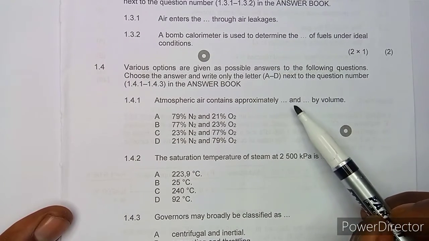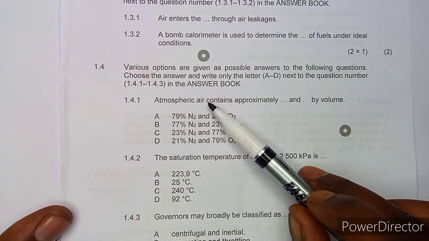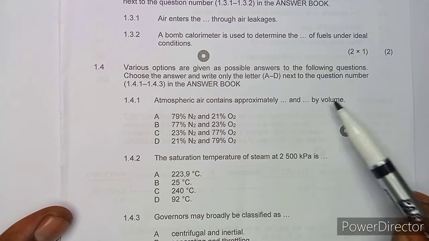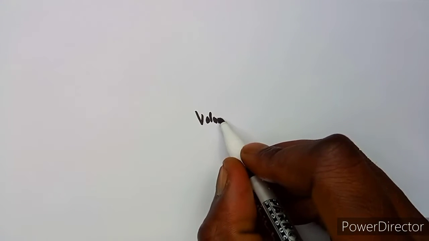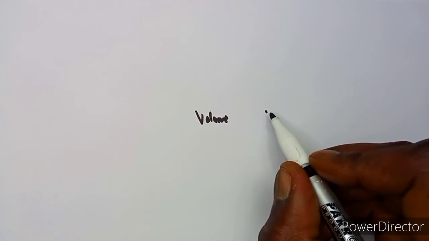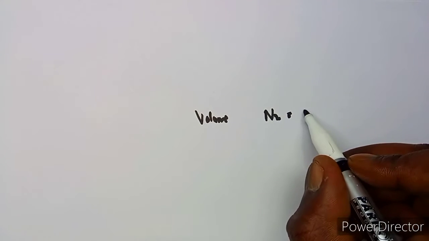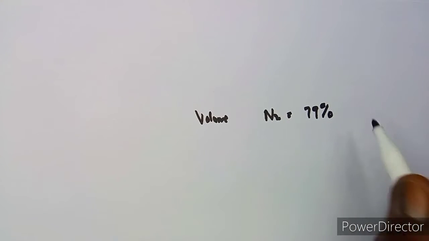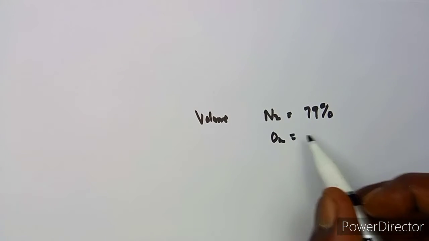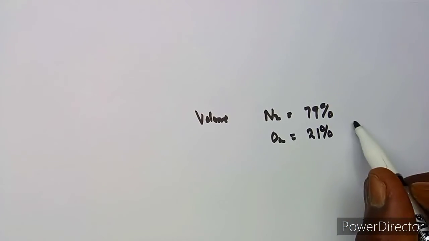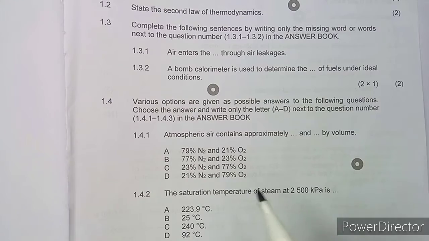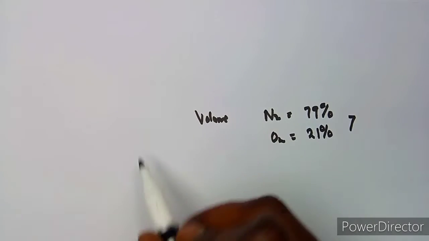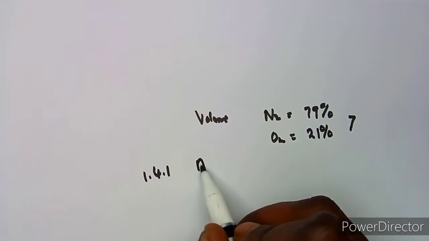According to volume, we shall have nitrogen at 79% and oxygen at 21%. So in this case our answer is going to be A.